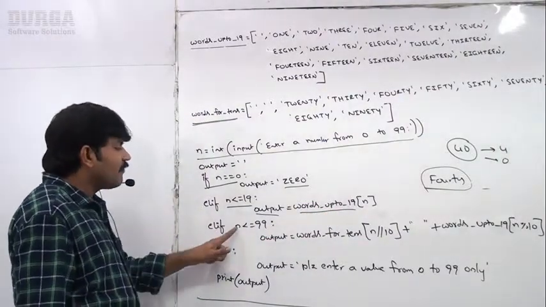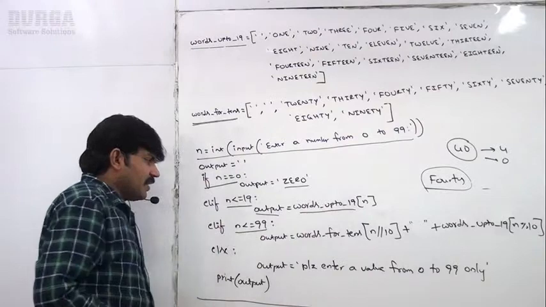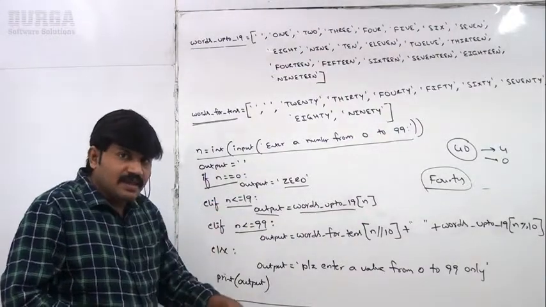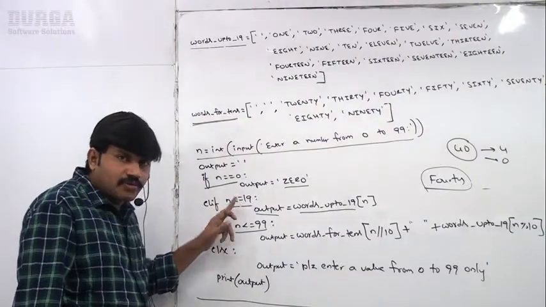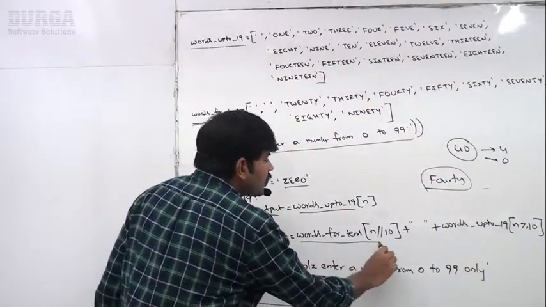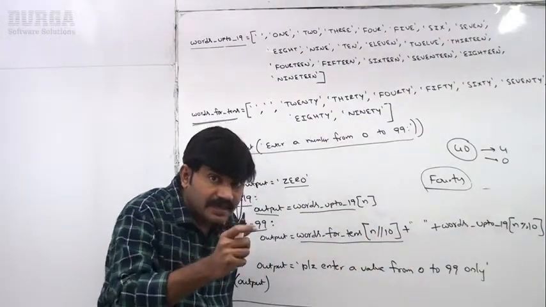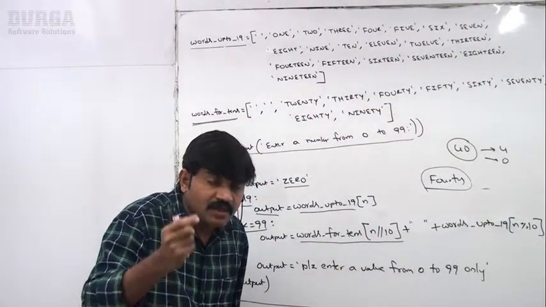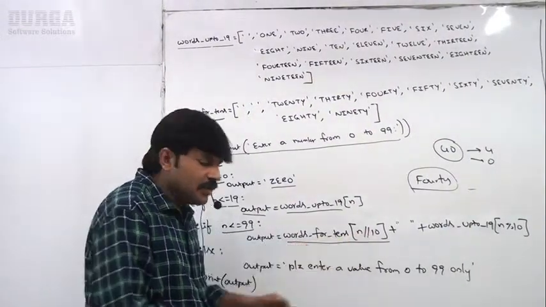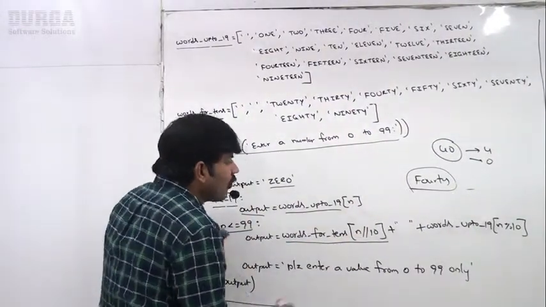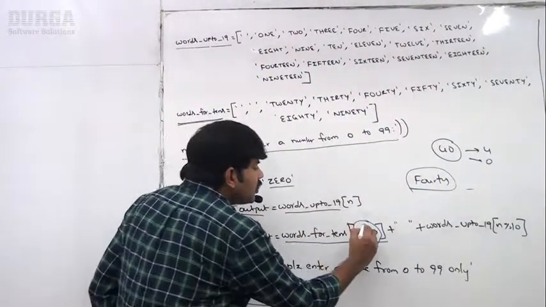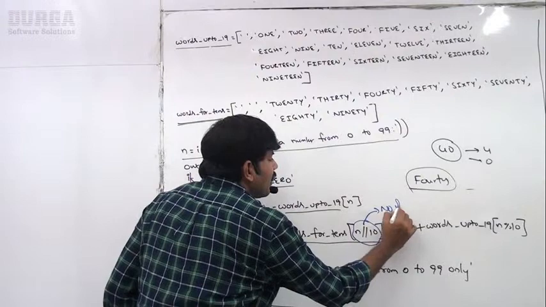Next, elif n less than or equal to 99. It is greater than 19, that means 20 to 99. Output is equal to words for tens. First 30, 40, 50, I have to take. How many tens are there? n floor division 10, this is going to tell the number of tens.